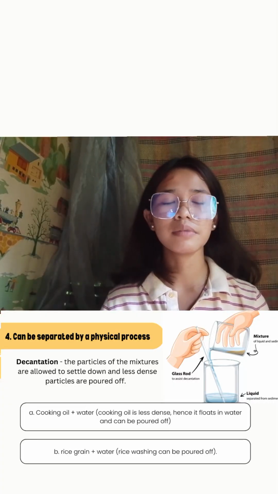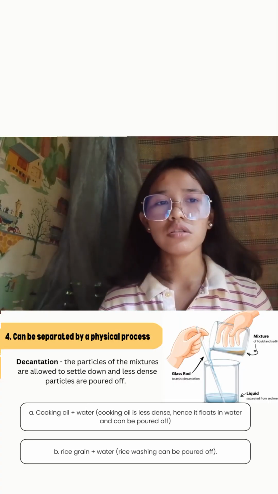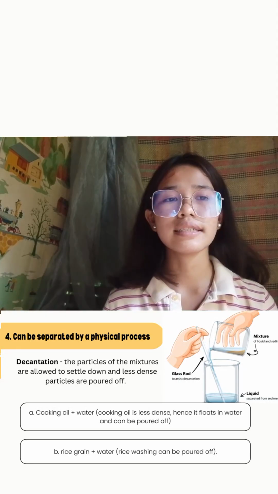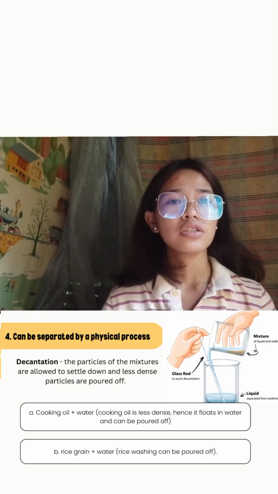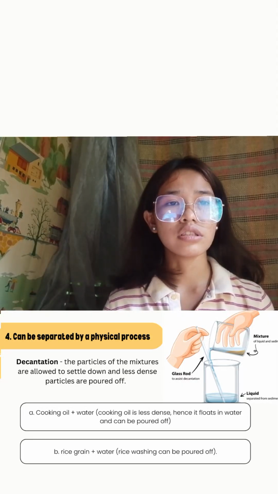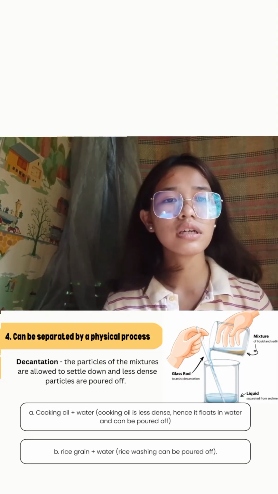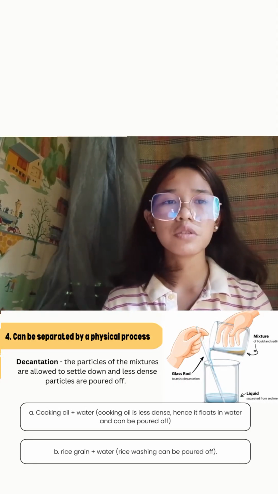To make it more clear, I will provide examples. We have cooking oil and water. Cooking oil is less dense, hence it floats in water and can be poured off. If you let the cooking oil and water settle down, they will separate, right? The cooking oil floats on the water, and it can be poured off.